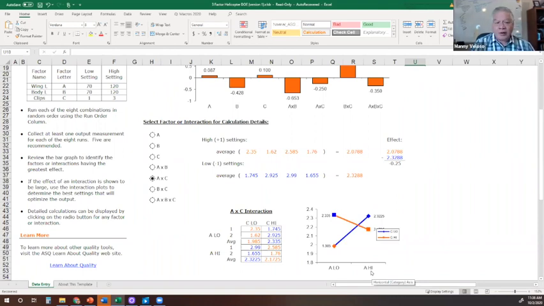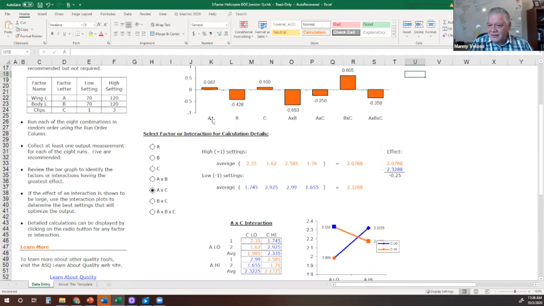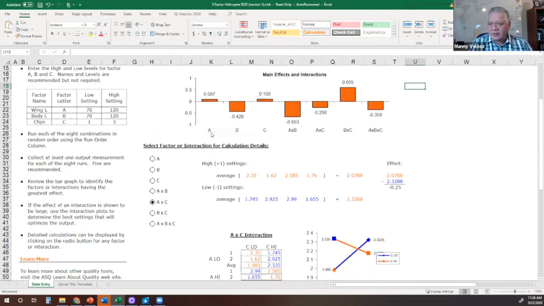You might think a longer wing gives you more lift, and it sort of does. As you can see here, all things being equal, now let's go back and interpret these. For all things being equal, as you go from the low level of factor A, wing length, to the high level, you find an average increase of 0.087 seconds, by itself.